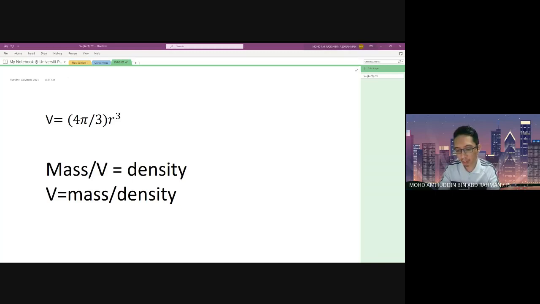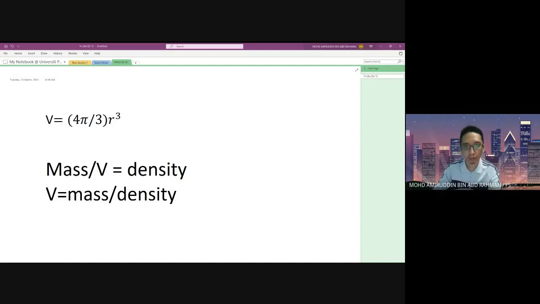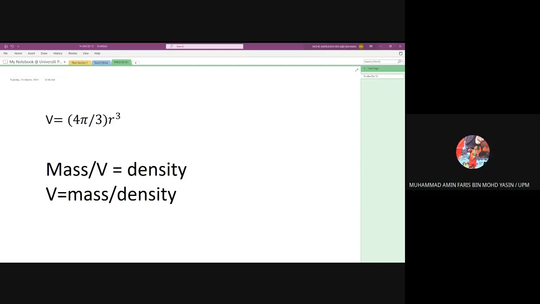So that should be 60 divided by 1.95 times 10 to the power of 4.